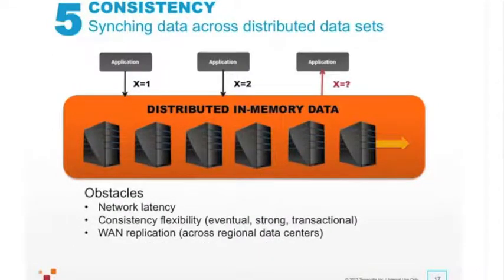When you're talking about a couple gigs of data, pulling that into memory can happen really fast. But when you're talking about terabytes to petabytes, you need to have a really fast mechanism for loading that data into memory.